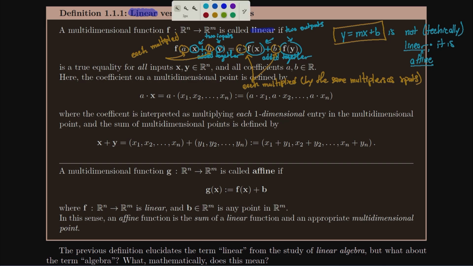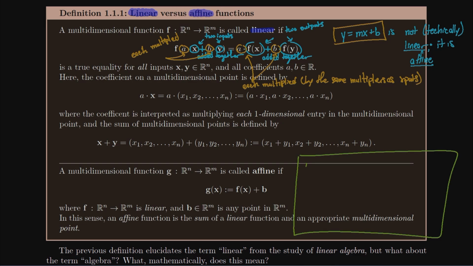So I'm going to jump down to this region, and I just want to show really quick that if I do something like 2x plus 3y inside of mx plus b, that's going to be m times 2x plus 3y plus b. Well, the m can go ahead and distribute, so we get 2mx plus 3my plus b. And so we do gain the multipliers, 2 and 3, which were our original multipliers, but we don't have 2 copies of mx plus b and 3 copies of my plus b here.